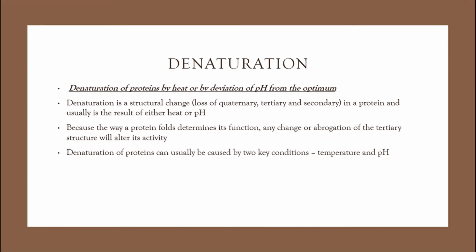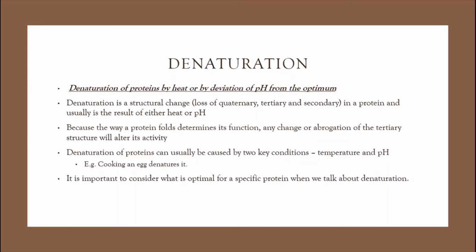So denaturation of proteins is, like we've mentioned before, caused by 2 key conditions, either temperature or pH. So for example, when we cook an egg, what we're actually doing to that egg is denaturing it, which is why it's no longer runny after it's spent some time on that pan. So we've denatured the proteins in the egg.